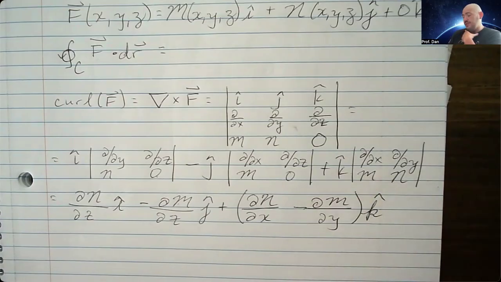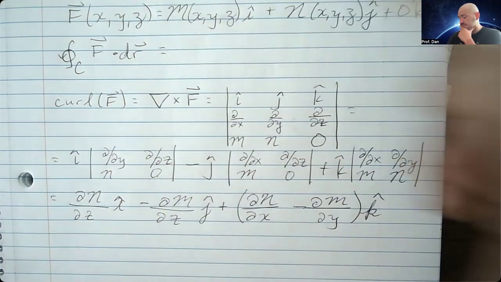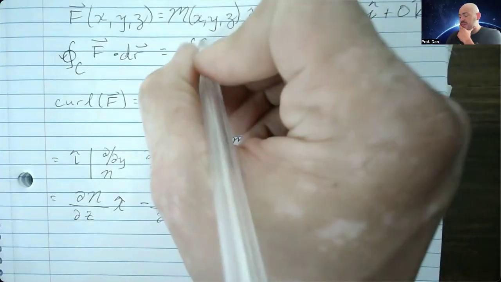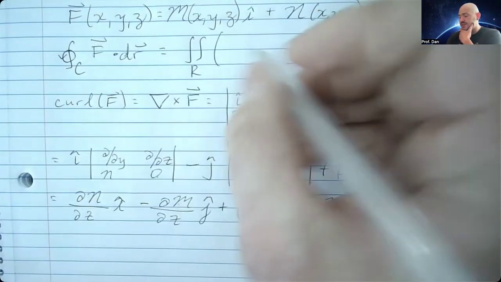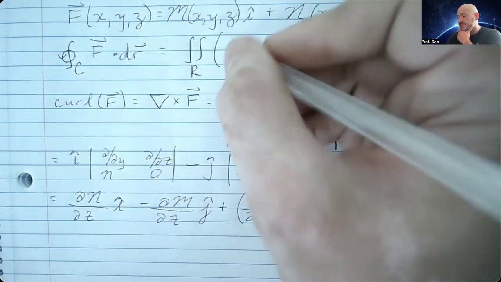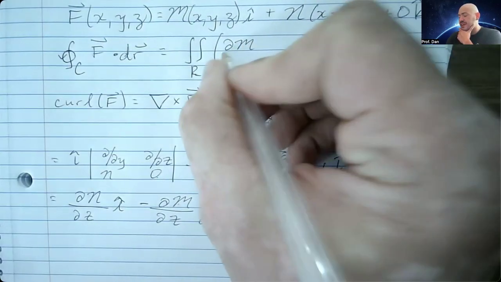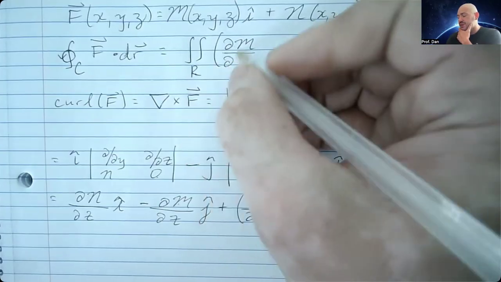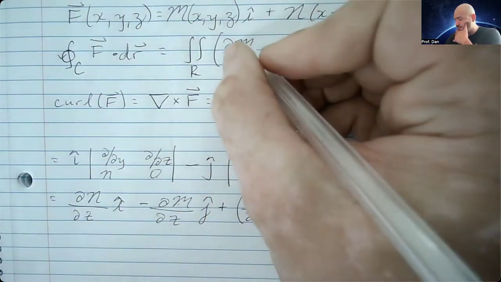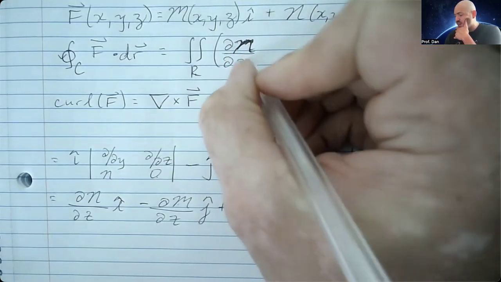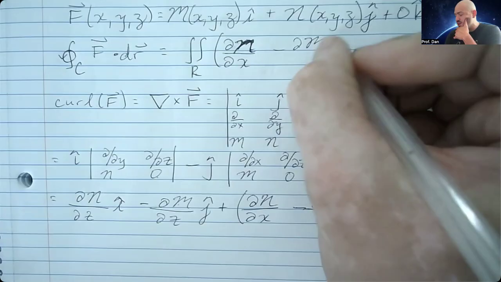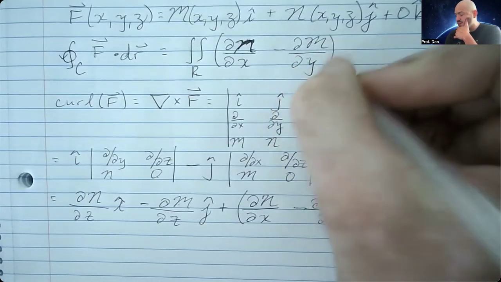Because here's the thing, Green's theorem basically tells me that I can take this line integral and convert it to a double integral over the region enclosed by C of partial of n with respect to x minus partial of m with respect to y dA.